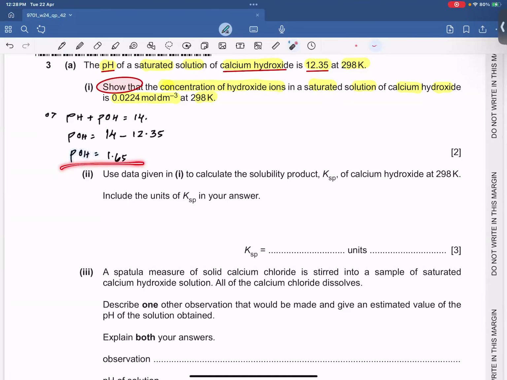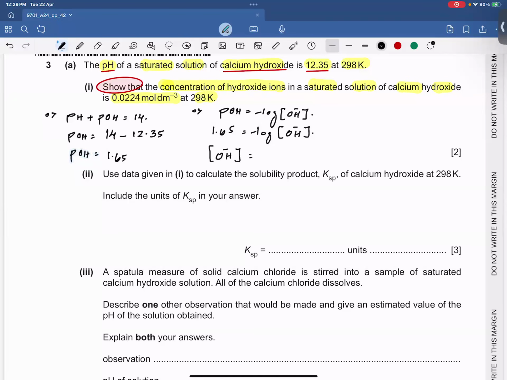Now from this pOH value, I can find the concentration of hydroxide ion by using this formula. pOH is minus log concentration of hydroxide ion. So the concentration of hydroxide ion is going to be shift log minus 1.65. It's going to be 0.02238 mole per dm cube.